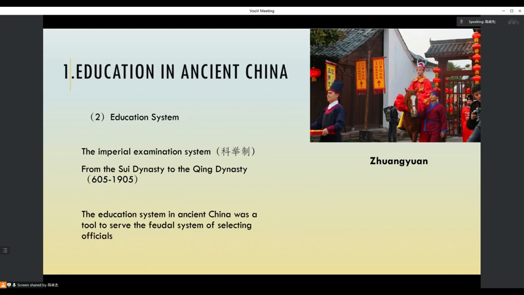The education system in ancient China was a tool to serve the feudal system of selecting officials. Officials, 官员, officials who serve the emperor.